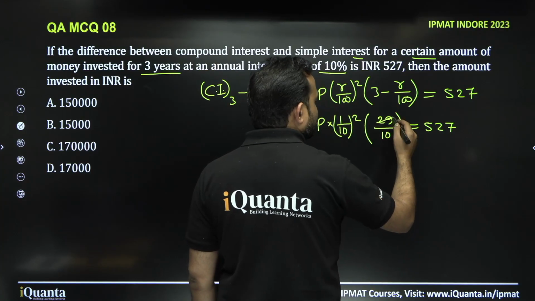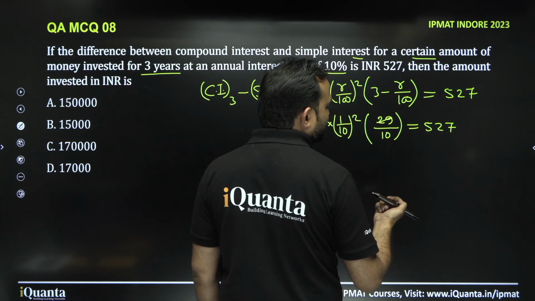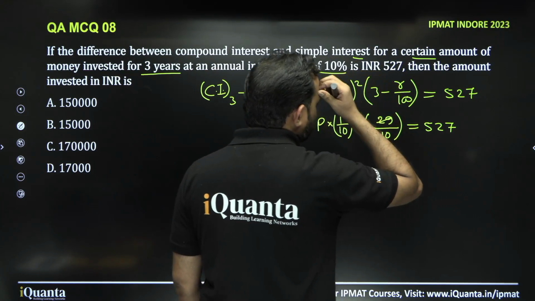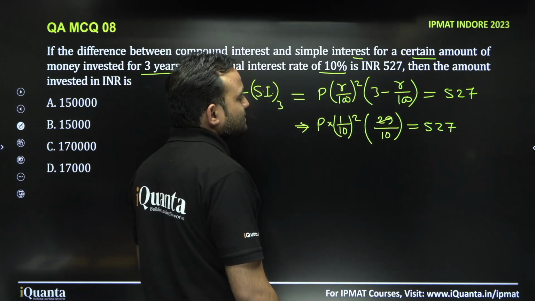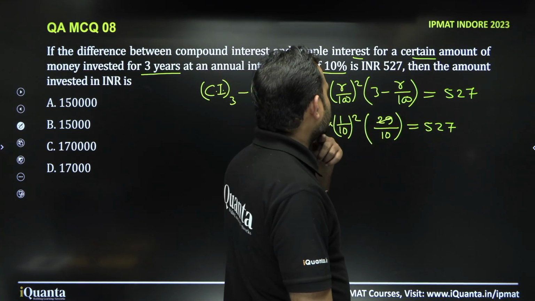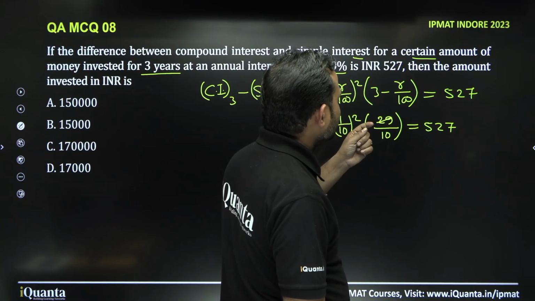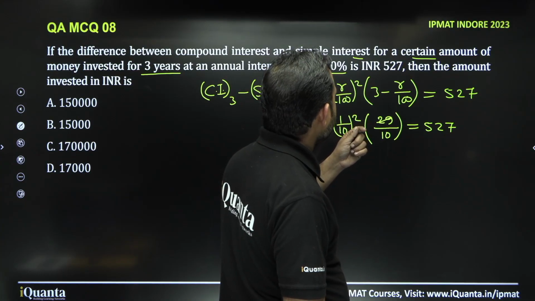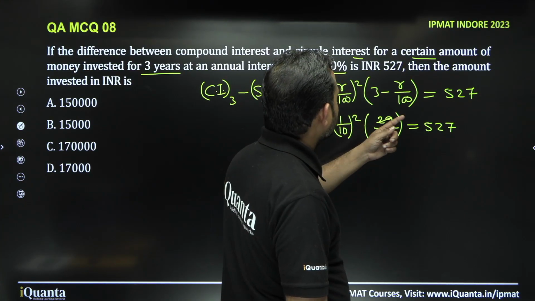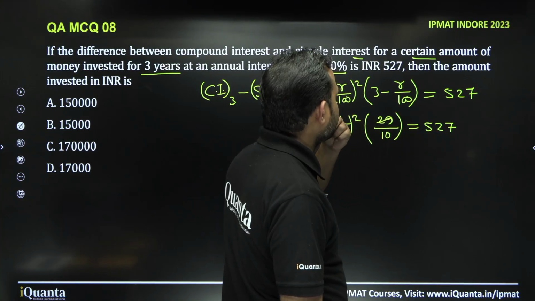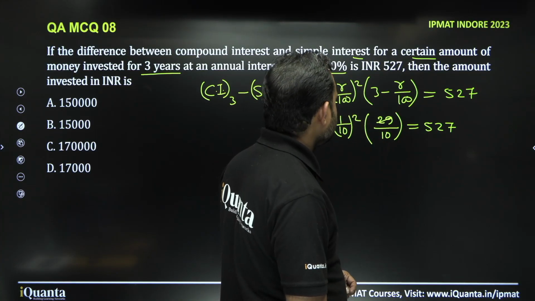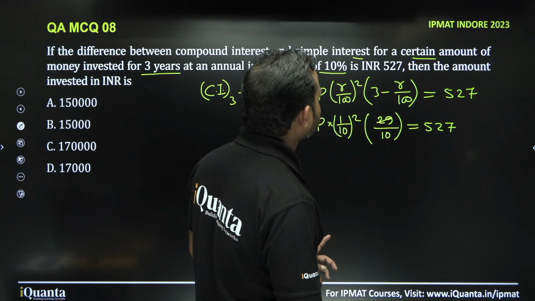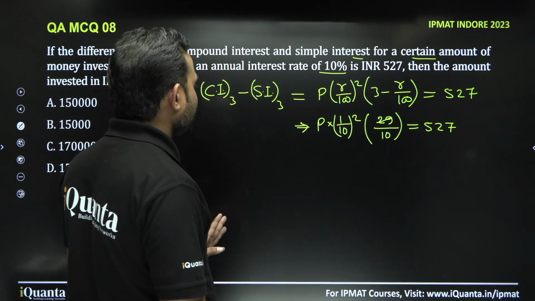Now 29 into, now if we try to subtract, this will be 30 minus 1, 29, yes. Now is this number a multiple of 29? Let's check. 29 into 20 is 580. The difference is 53. No, this number is not a multiple of 29.